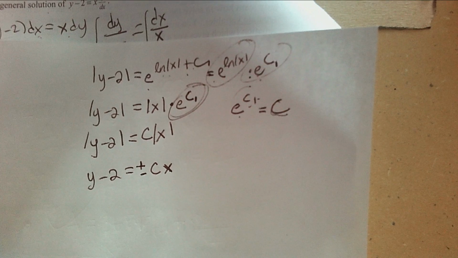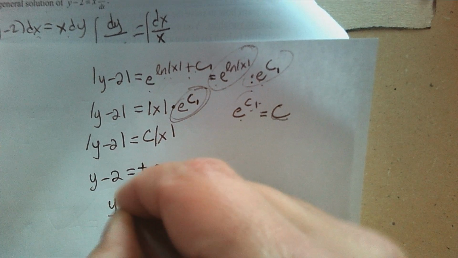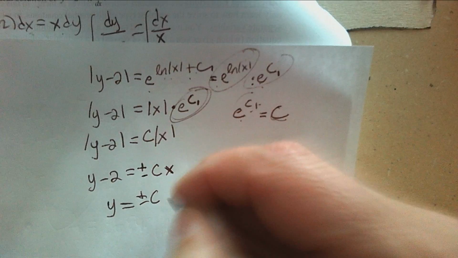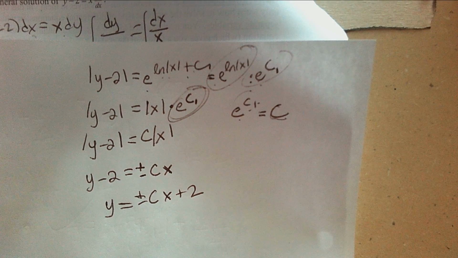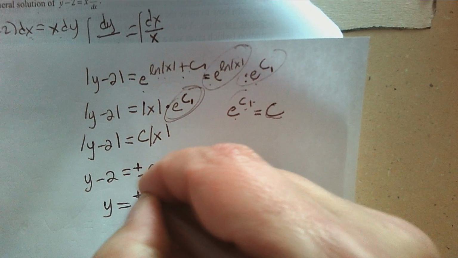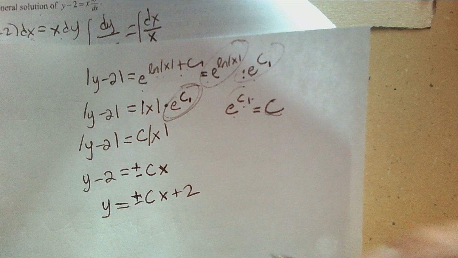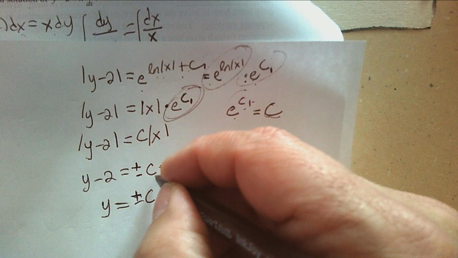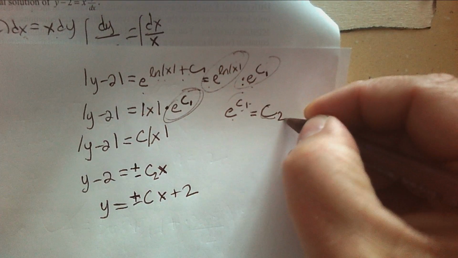One last step. How would I get C by itself? Or Y by itself? And one of the challenges is that you can rename these constants. So if you want, you could rename this C2 instead of C1.